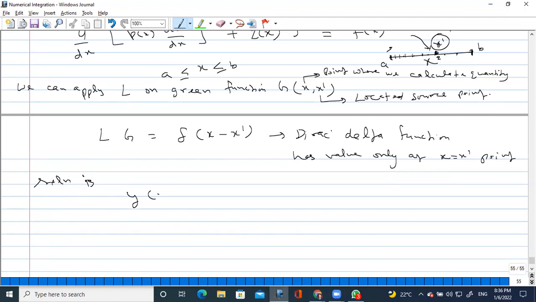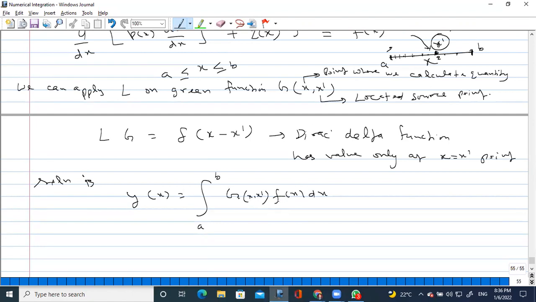Now the solution y(x). I already told you that if limits are a to b, you have the integration of f(x) dx, so we can get the solution by using the green function. Green function is the integral factor, and this green function depends on both x and x dash.